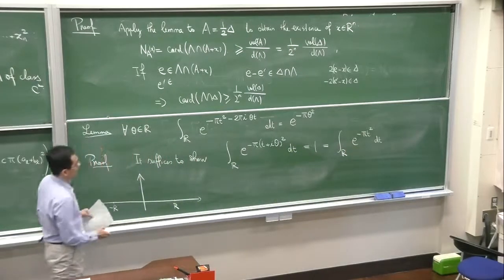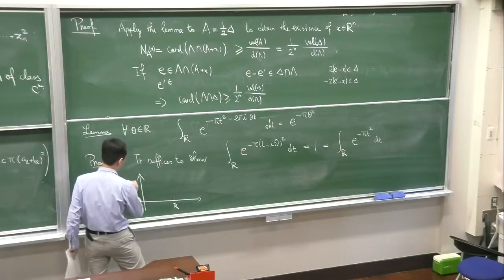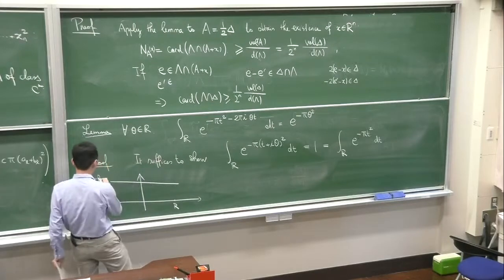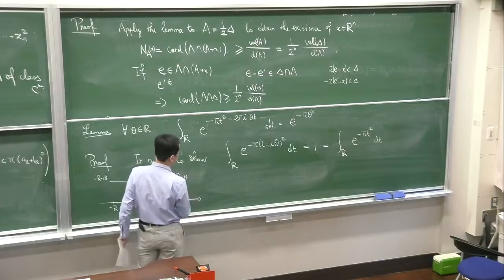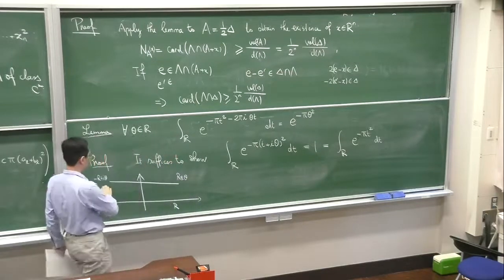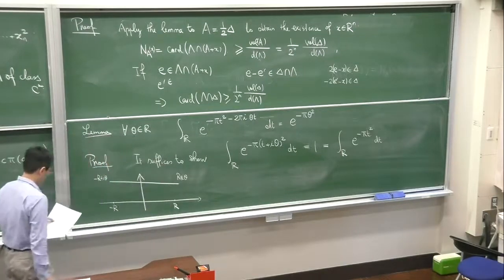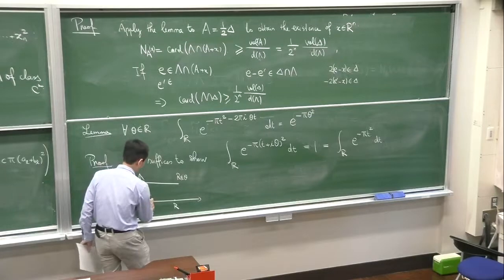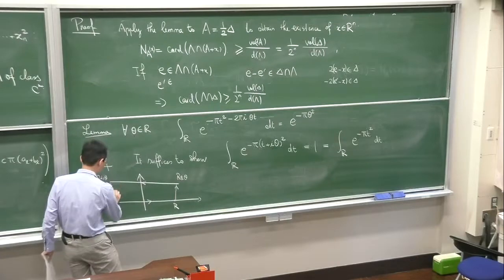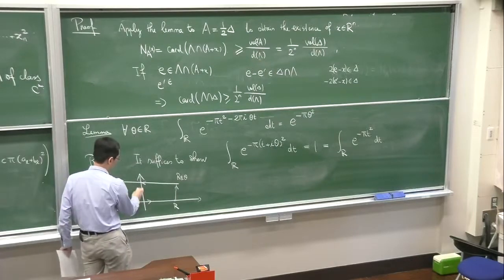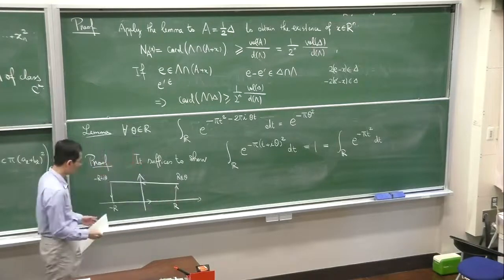And this integral requires you to integrate not from minus r to r, but from minus r plus i theta to r plus i theta. So you need to integrate from this point to this point. And if the function is holomorphic, it is very natural to compare these two integrals.